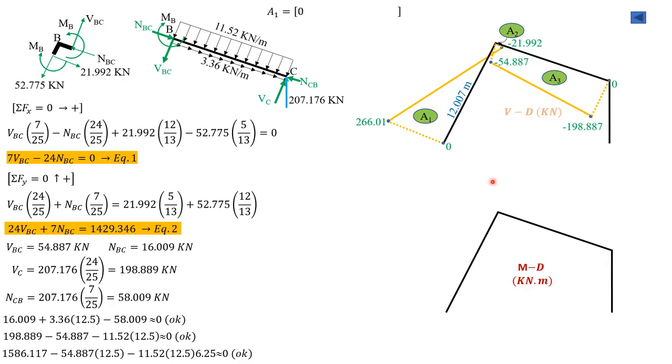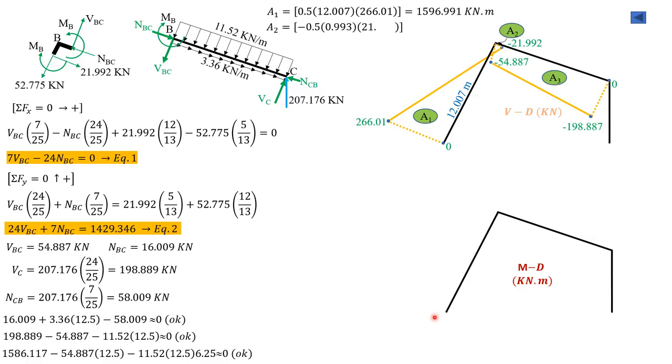Then the area of the trapezoid, area 3. So area 1 is 1/2 of 12.007 times 266.01, which is 1596.991 kilonewton-meters. It is positive, decreasing until 0 slope, parallel to this inclined member slope.